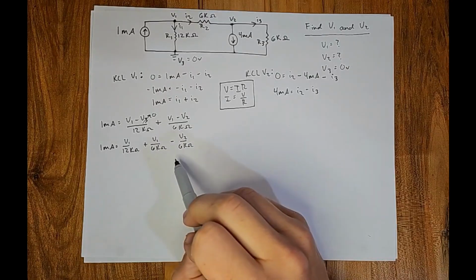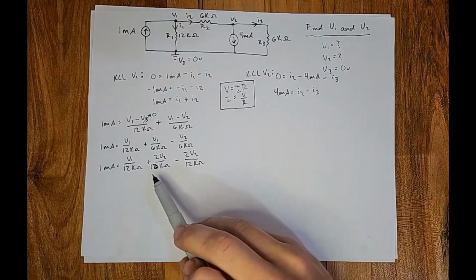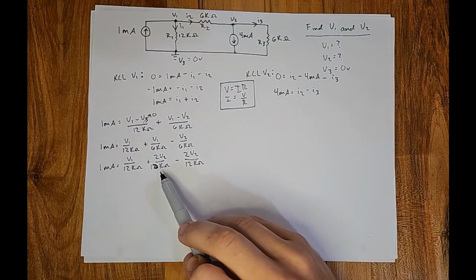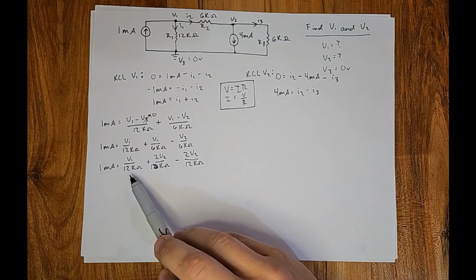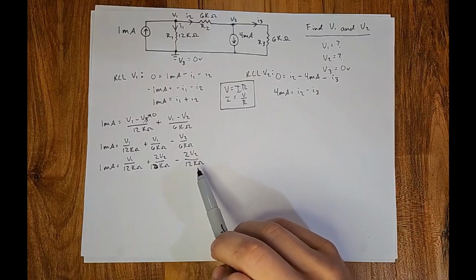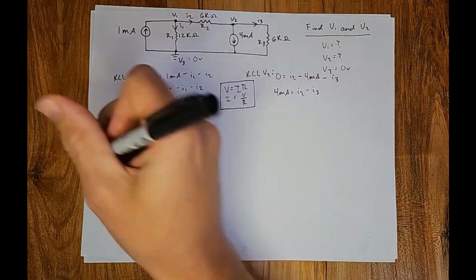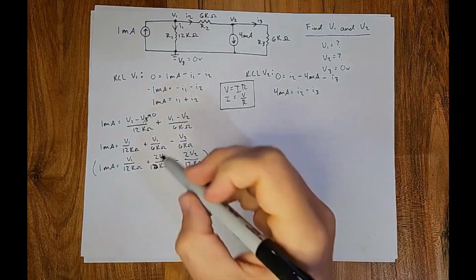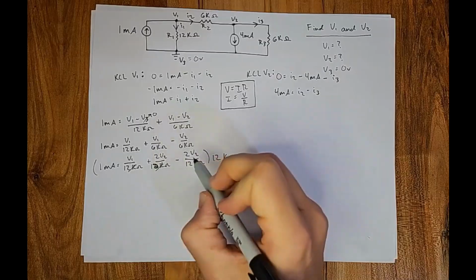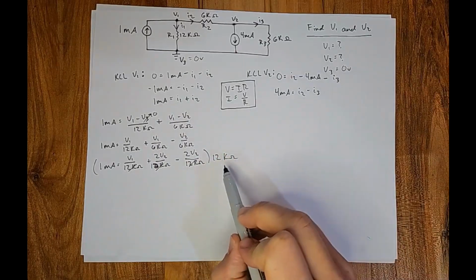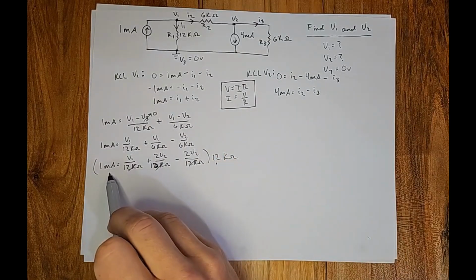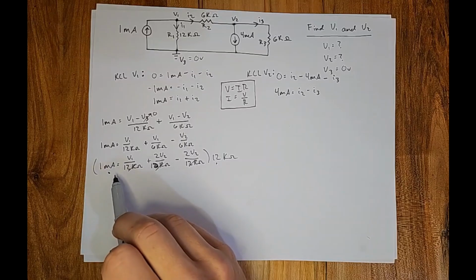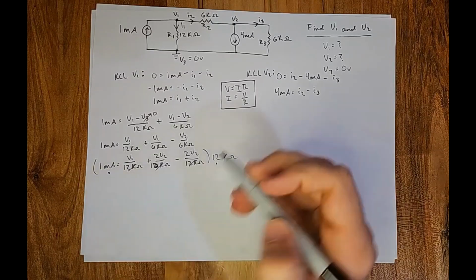Next, make your denominators equal. Forgive my little error there, that's a 12K ohm. So now that we have equal denominators, let's multiply everybody by 12K ohm. So now all the denominators are going to go away. And you have 12K ohm times 1 milliamp. And 12 kilo ohms times 1 milliamp is going to be 12 volts.